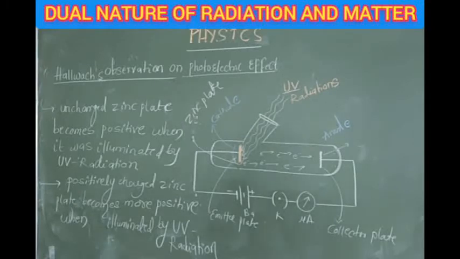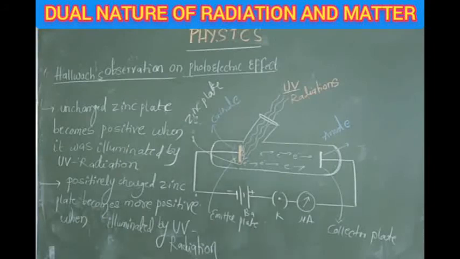What is the conclusion you can make from the Hallwachs observation on photoelectric effect here? When UV radiation falls on the zinc plate, it loses a large number of electrons and hence it becomes positively charged. So the conclusion we can give is that negatively charged particles are ejected out of the zinc plate under the action of UV rays.